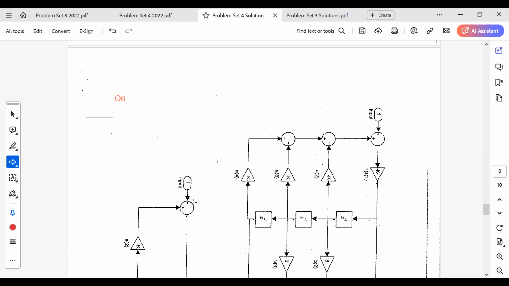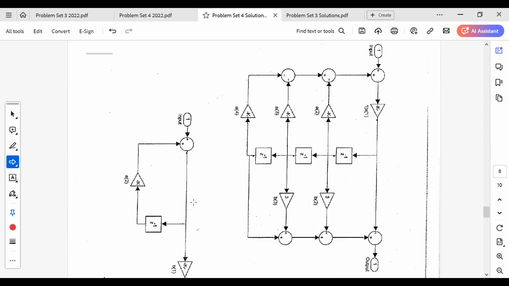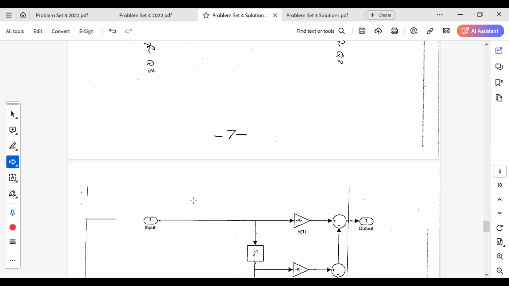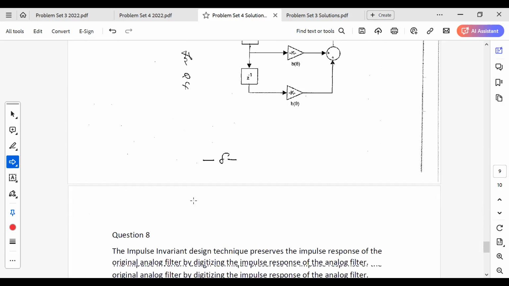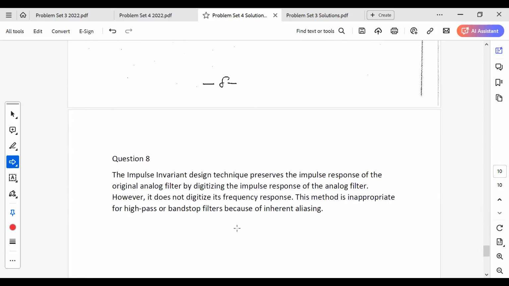All right, and question 7 and 8 was straight from the notes, right? The last set of slides that we had here. This was a general thing. I commented on this about the impulse invariant design a little while ago, so don't worry about that. You're not going to use it for that anyway, right?